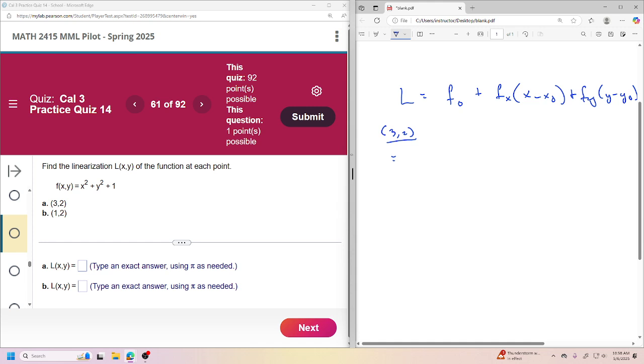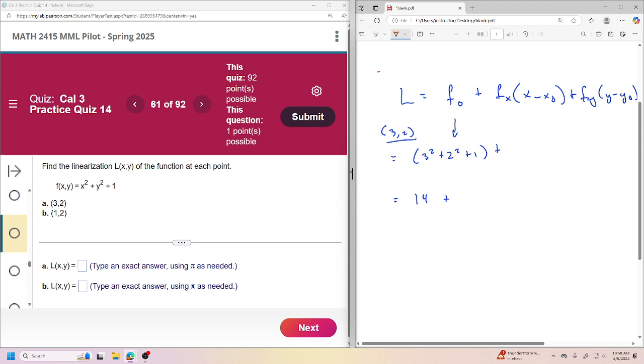So I would get 3 squared plus 2 squared plus 1. So that's this guy. 9 plus 4 is 13, plus 1 is 14. So that's my first component.